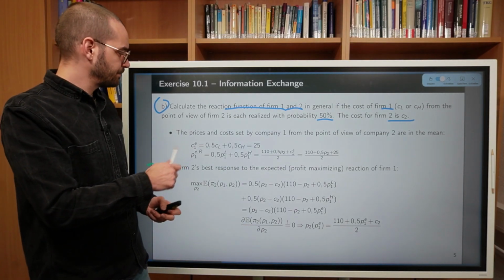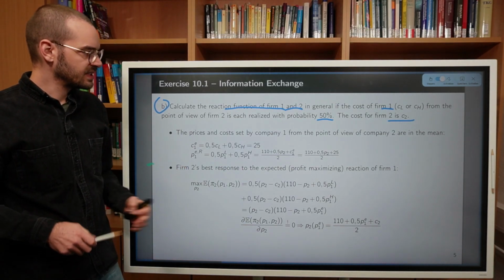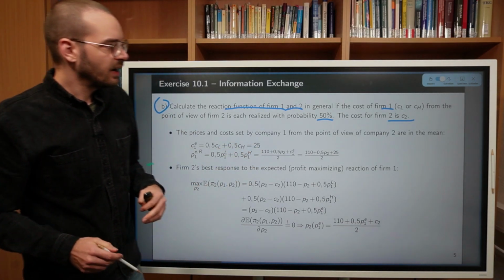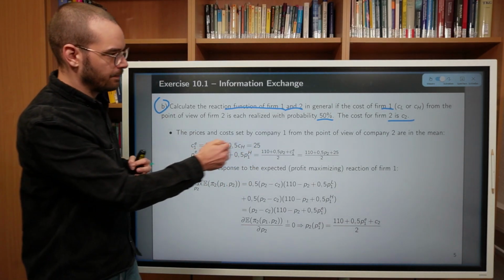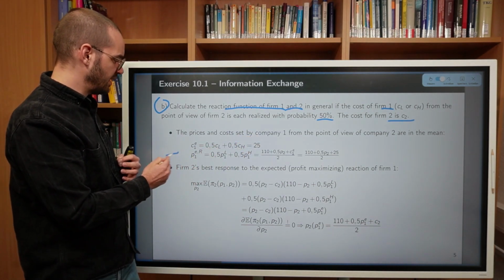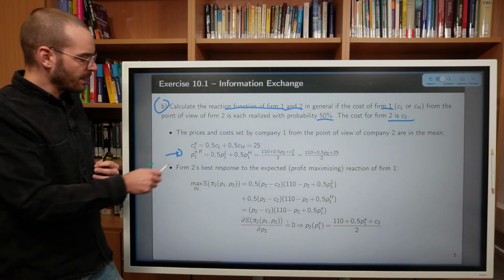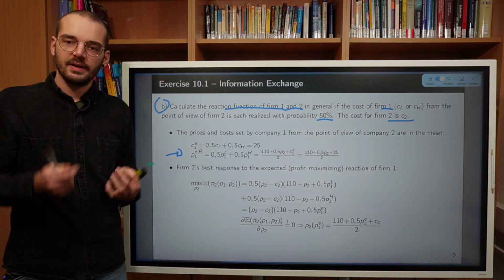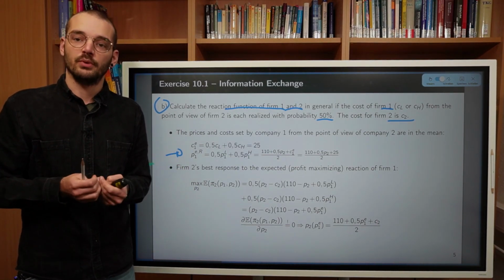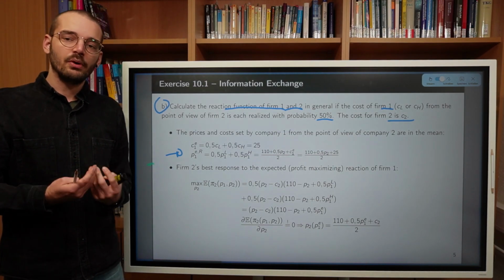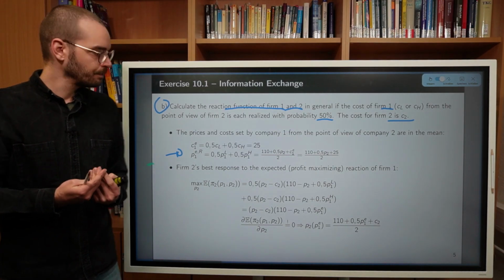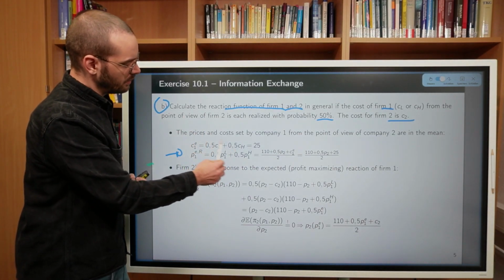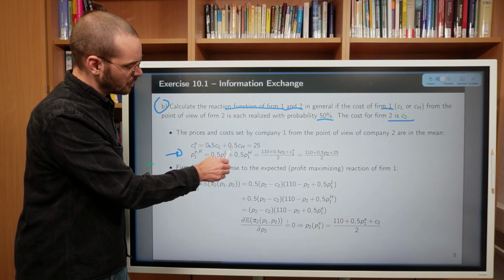The price and cost set by firm 1 from the point of view of firm 2 are in the mean, as it is written down here. The marginal costs of firm 1 again are private information to firm 1. So from the point of view of firm 2, costs of firm 1 are with equal probability low or high.